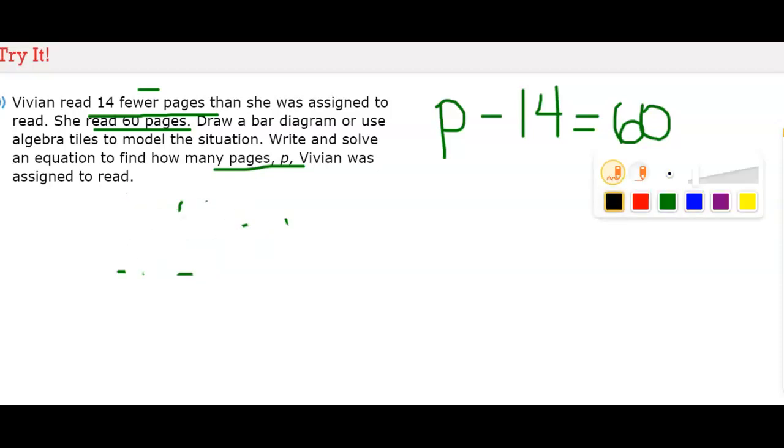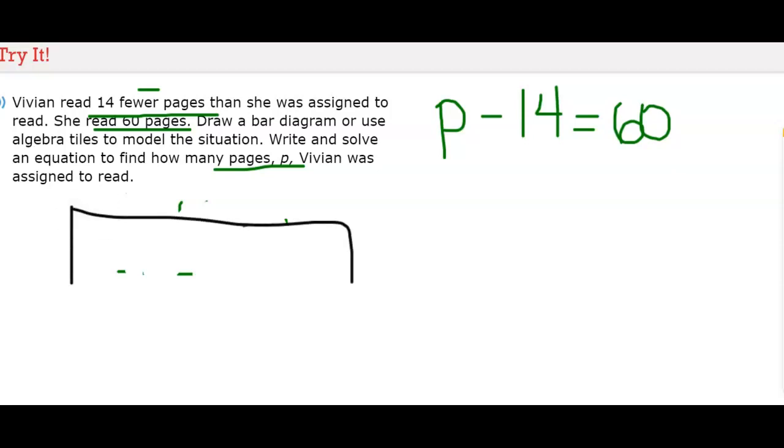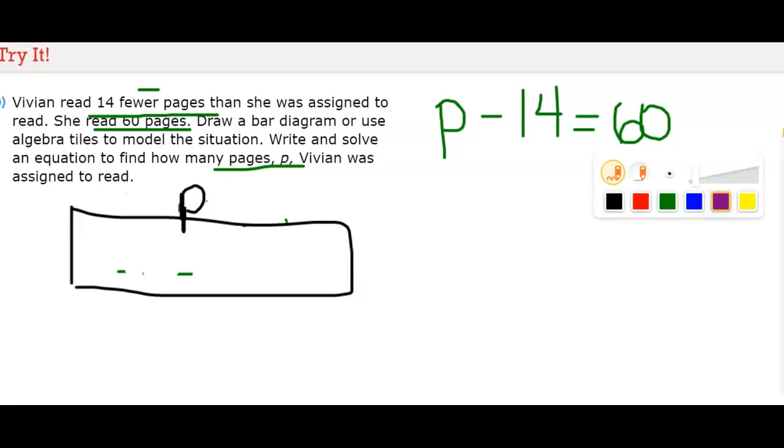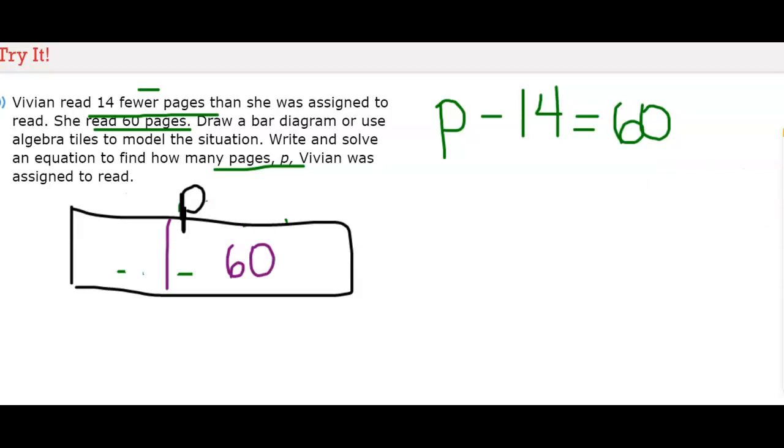Alright, so we're going to have one long bar. That's going to represent P, the unknown number of pages that she was assigned to read. Then she read 60 pages, and that was 14 fewer than she was supposed to read. So this is going to represent the 14 fewer.